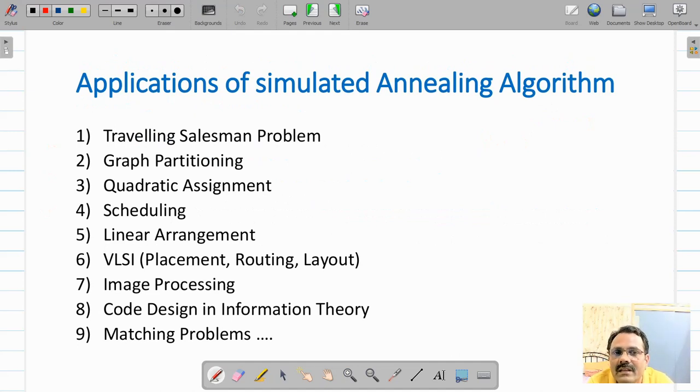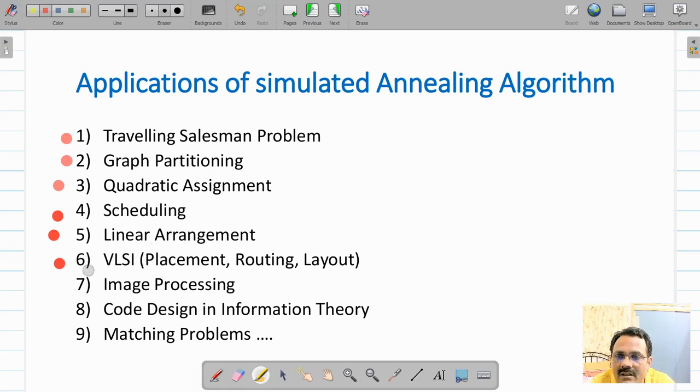These are some of the applications of the simulated annealing algorithm. As it's an optimization algorithm, its applications include traveling salesman type problems, graph partitioning problems, quadratic assignment, scheduling problems, linear arrangement of objects, design of VLSI circuits, placement of VLSI components, routing and layout.